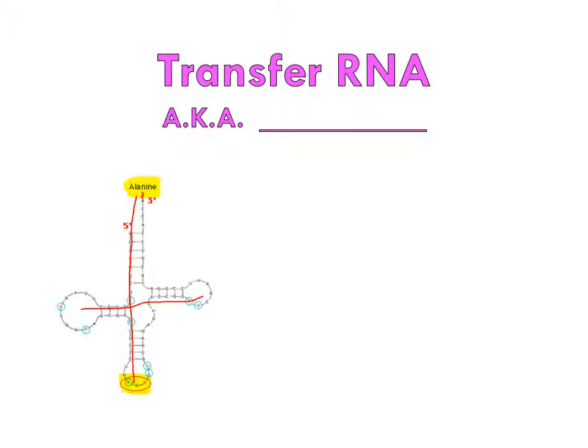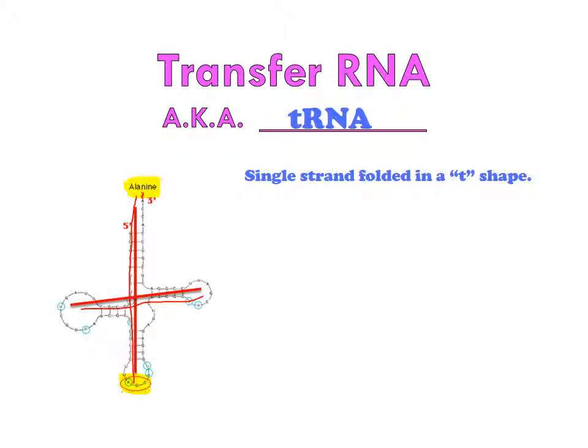The next type of RNA that we're going to be discussing is called transfer RNA, or for short, tRNA. Now, if you look on the left here, it is called tRNA because it has this T shape, because it's kind of folded in that shape. It is only found floating around in the cytoplasm, and its job, its function, is to bring amino acids to a ribosome.